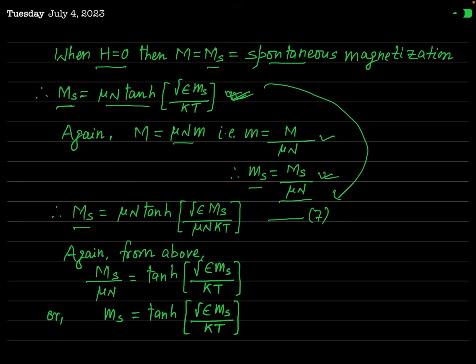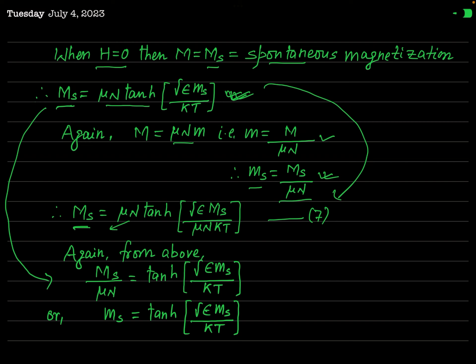Now, as you can see, from this equation, Ms divided by mu n will be tan hyperbolic (gamma ms divided by kT). In fact, from here, not from equation 7, but from this equation, you can write this expression: Ms divided by mu n is equal to tan hyperbolic (gamma epsilon small ms by kT).